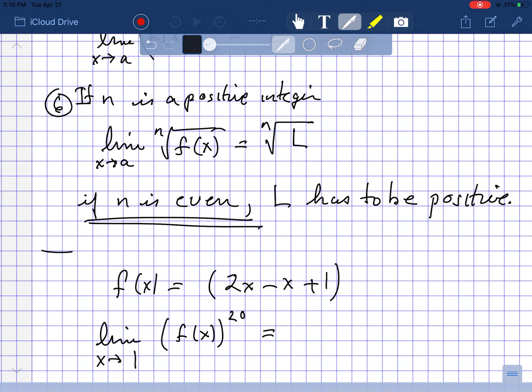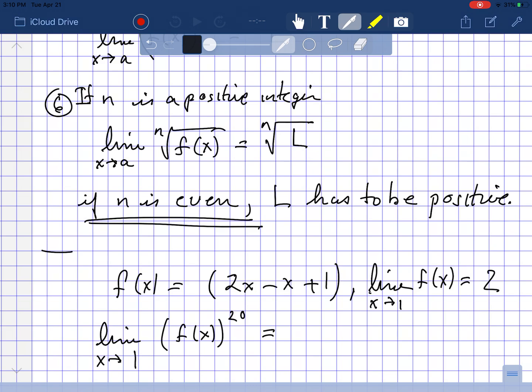Well, I don't want to expand f of x to the 20 power and then evaluate that polynomial. What I'm going to do is this. I'm going to look at the limit as x approaches 1 of f of x. This is just the limit of a polynomial, so it's just going to be the value of the polynomial at x equal 1. In this case, that's going to be 2 minus 1 plus 1. So that's 2.